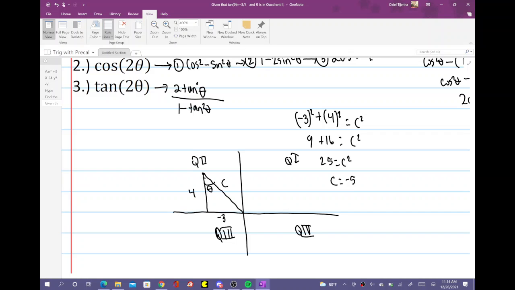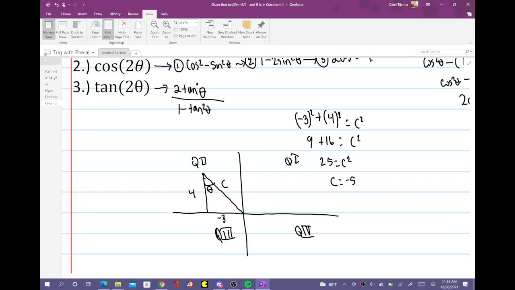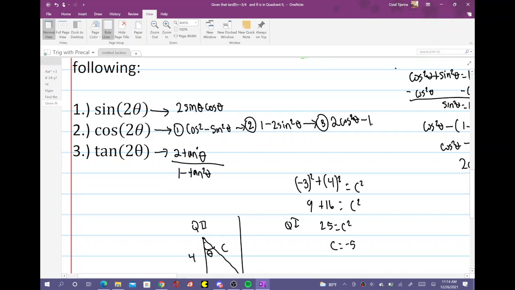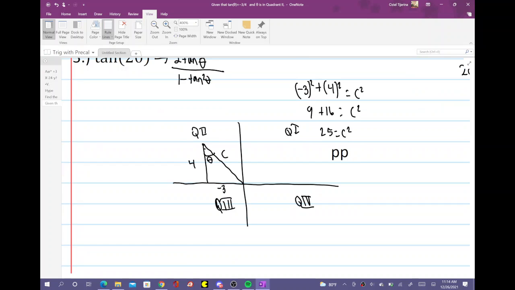Let's see, give me a second, guys. Actually, guys, I think it's going to be positive, so C equals 5, excuse me. Because I think sine theta, which is y, is positive, cosine theta is negative, and tan theta is negative.